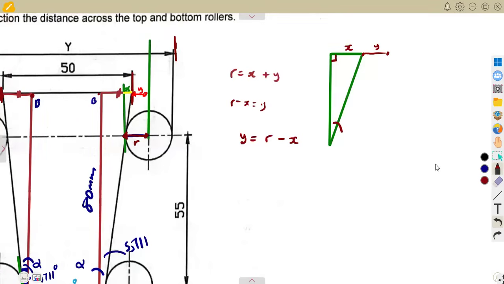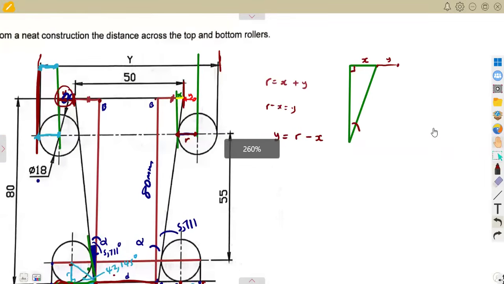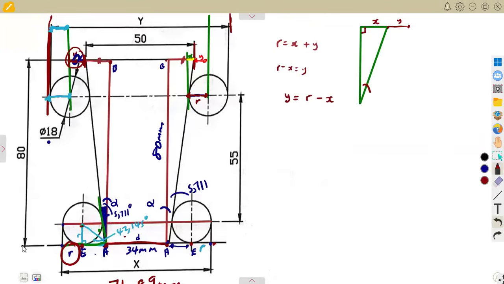In terms of the length, remember the whole of this length is 80. From here up to here, the whole of this is 80. Take note. From this point up to this point is 80. And you are supposed to be careful on this remaining distance. Then 50 is the center distance, from here to here it's 50.